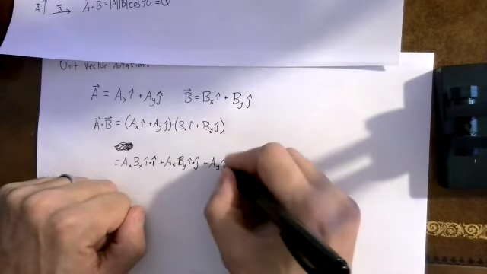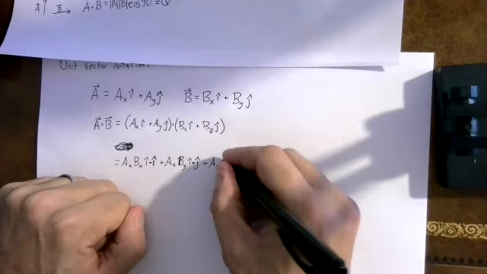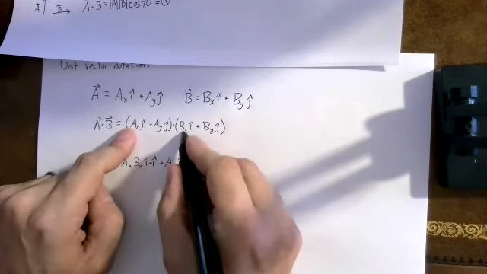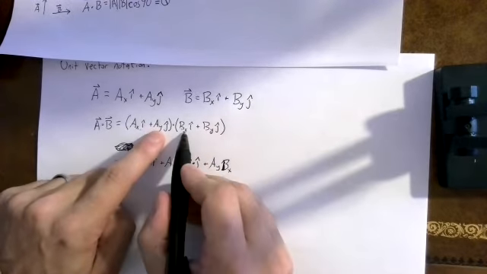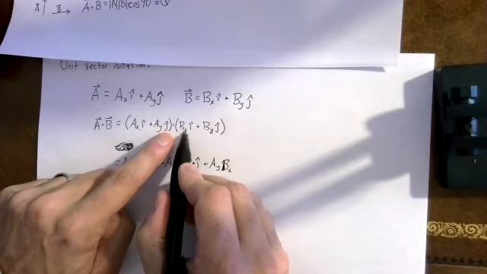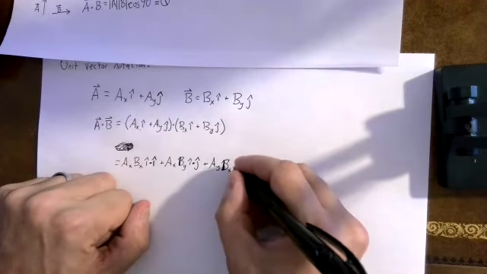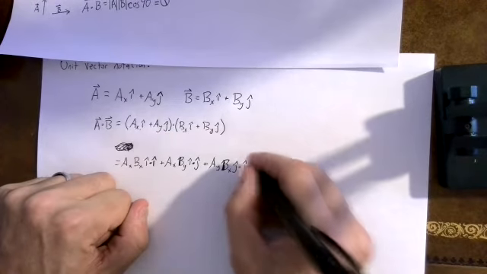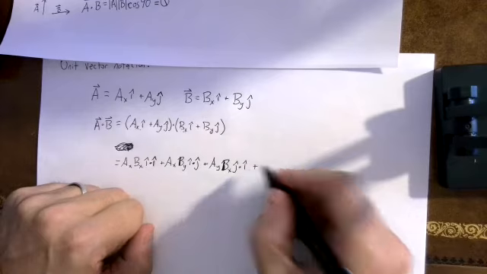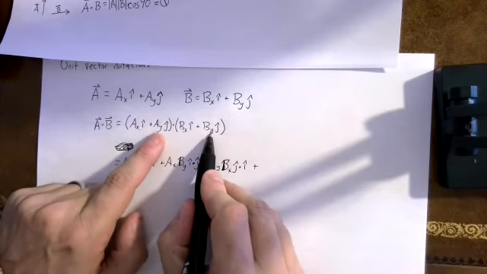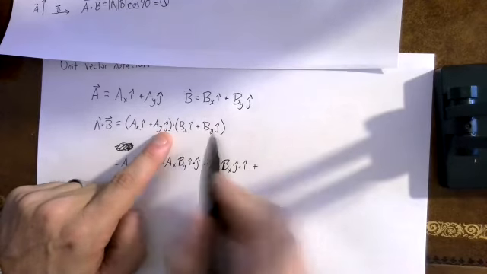So that's Ay times Bx times j hat dot i hat. And then my last term is these two: Ay times By times j hat dot j hat.